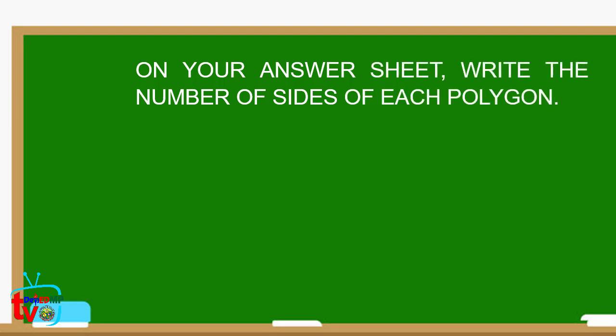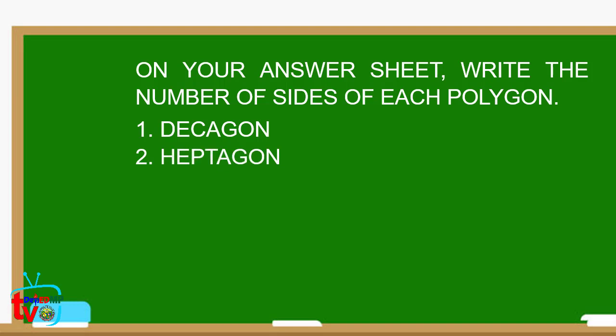On your answer sheet, write the number of sides of each polygon. Number 1, decagon. Number 2, heptagon.